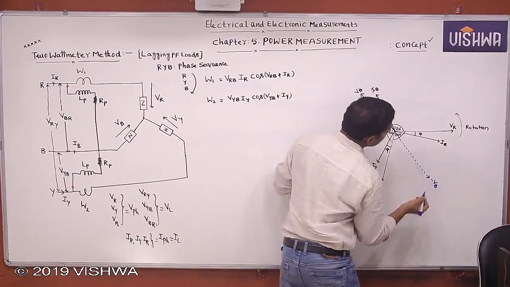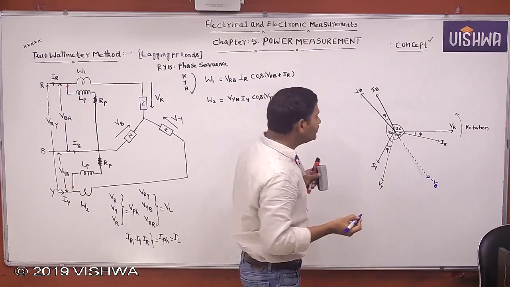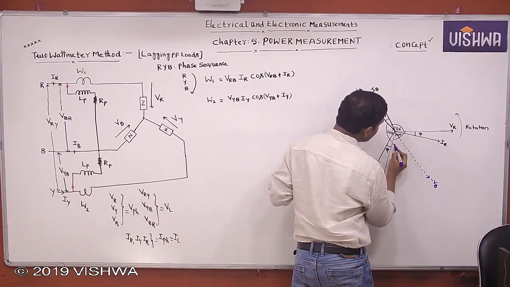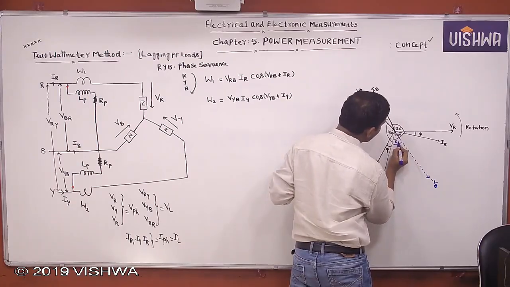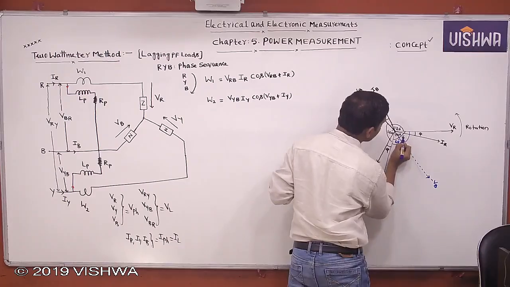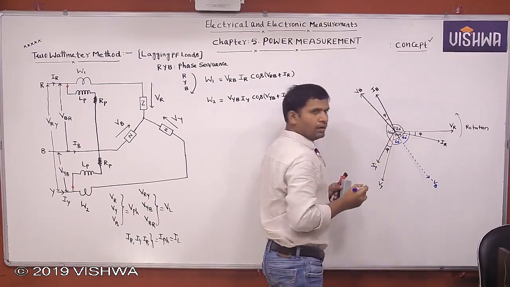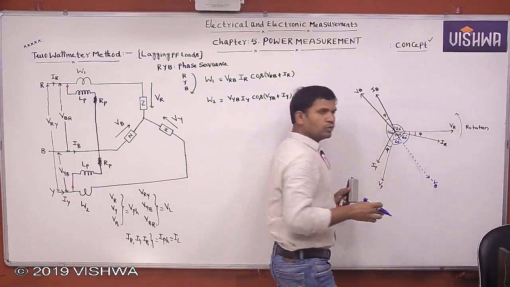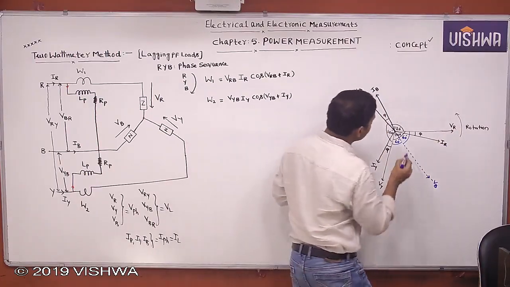But you want VRB, no? This exactly opposite means this is how many degrees? 60 degrees, and this also 60 degrees. Then according to the parallelogram law, the resultant is in between these two. Then you can form one parallelogram.